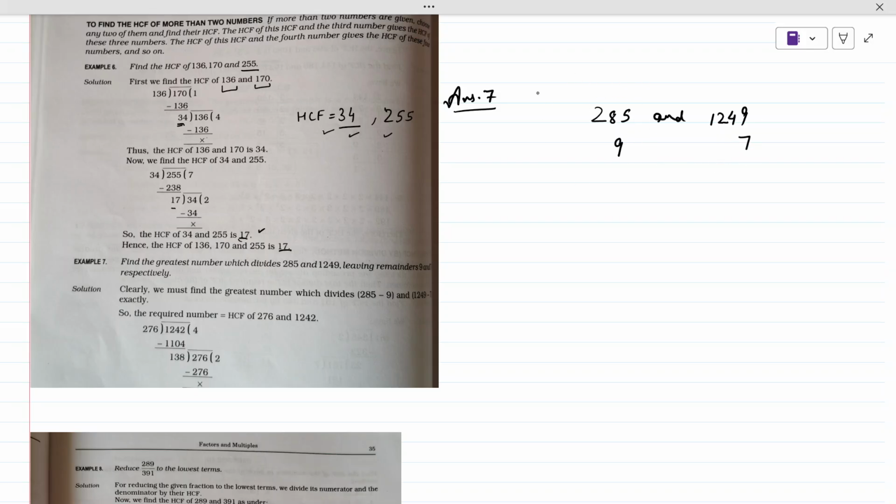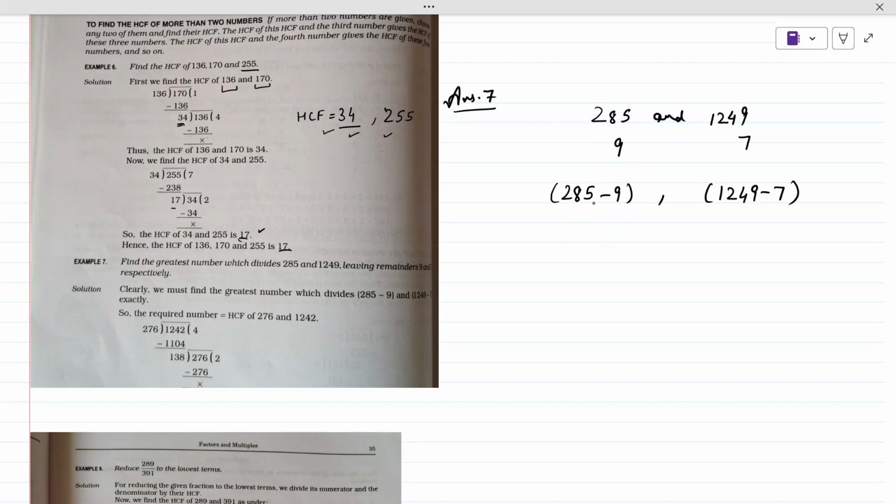That means the two numbers will be the subtraction of this. That is 285 minus 9 will be the one number, and 1249 minus 7 will be the another number, because they are leaving the remainders 9 and 7, but we don't want the remainders. We need a complete division. That means we have to subtract these remainders to get the exact number.